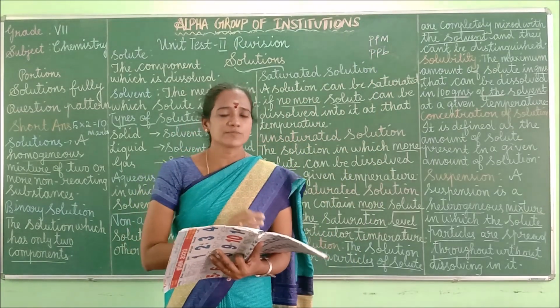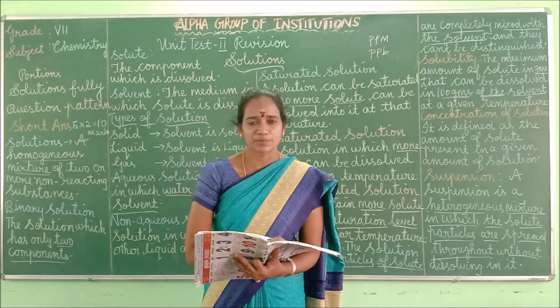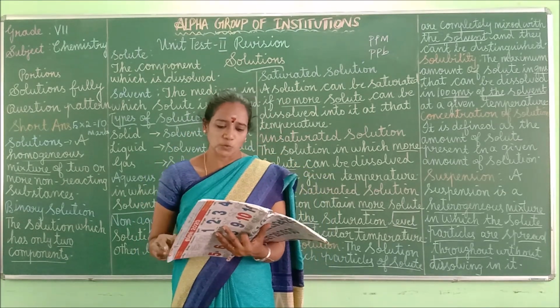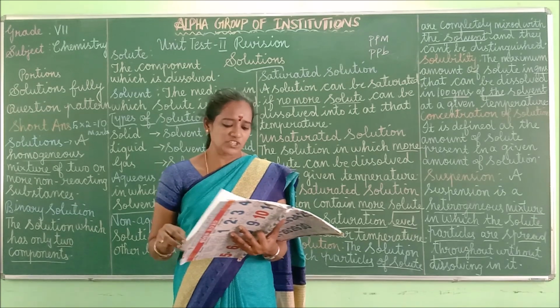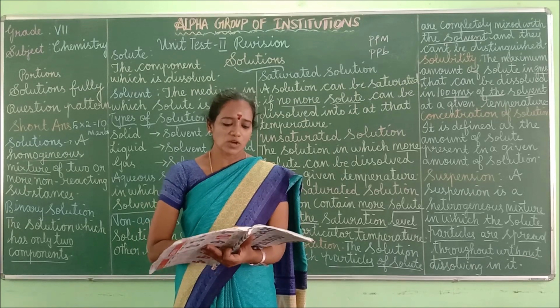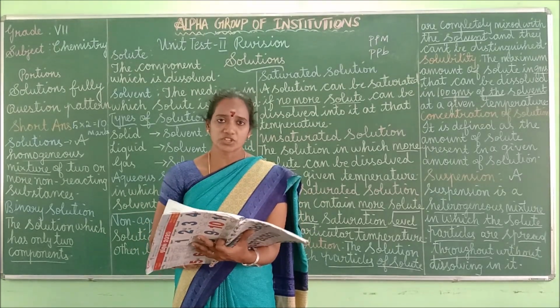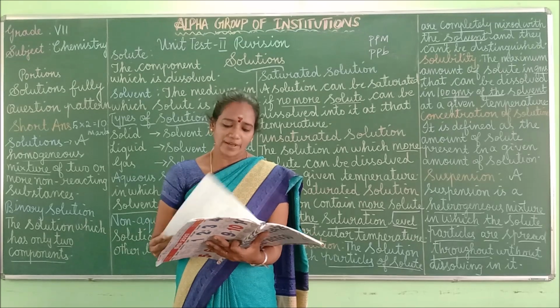These terms are used to identify trace amounts of a substance. So you should learn this also. Next, suspension we have already discussed, isn't it? So these are the important things you have to learn, children. One detailed answer, that is properties of solution, you should also learn, minimum 5 points.